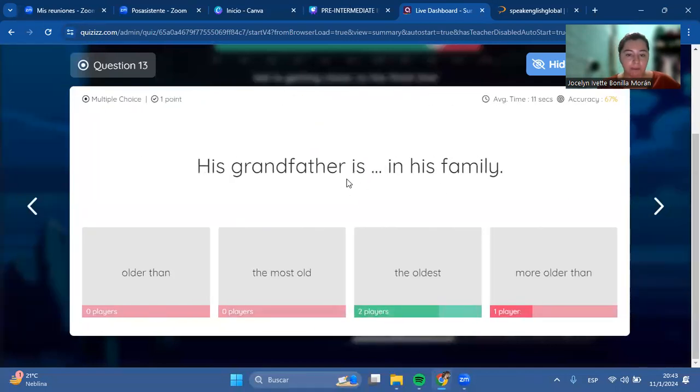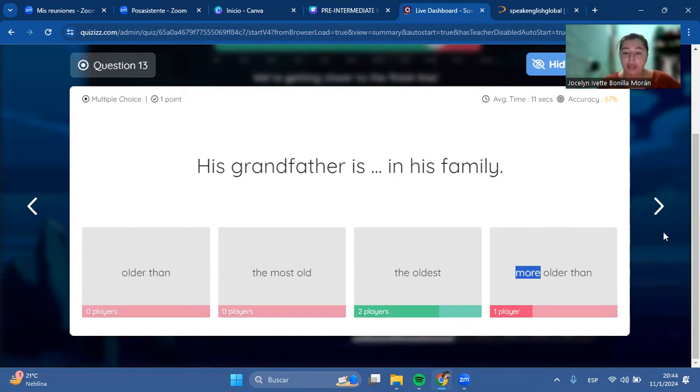So his grandfather is the oldest in his family. We cannot say more older than, because older means comparative and more means comparative. That means that you are using two comparative adjectives in the same sentence.